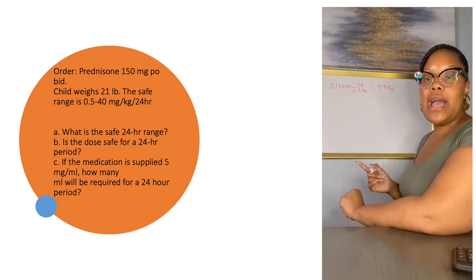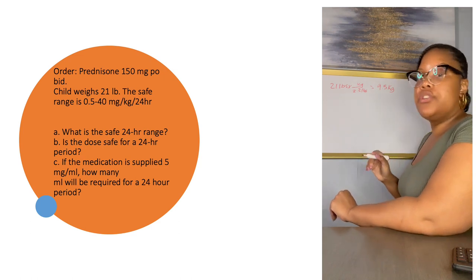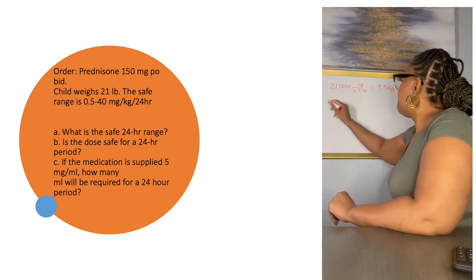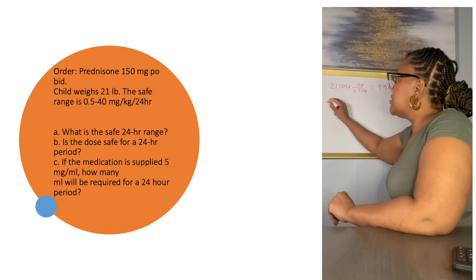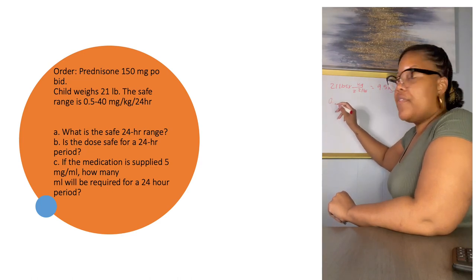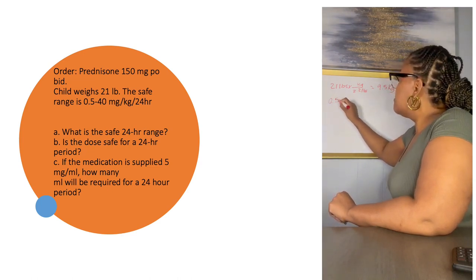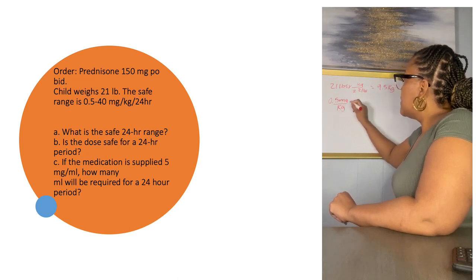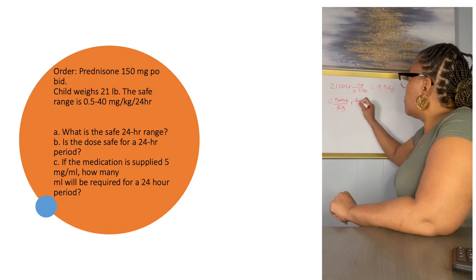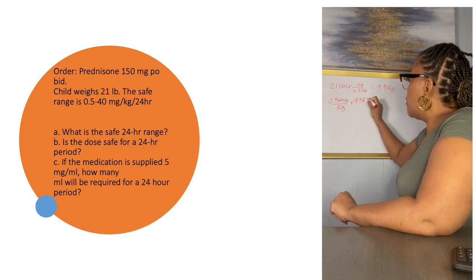So now we're going to take our minimum range. We're going to take our 0.5 mgs per kg, right? And we're going to just put our weight over 1.